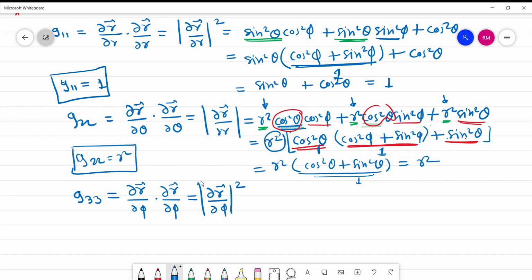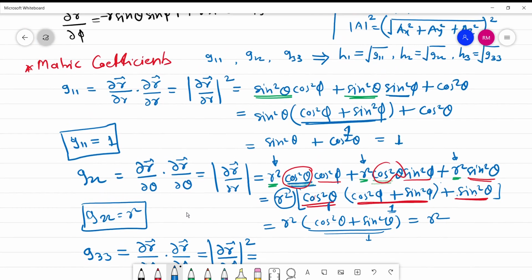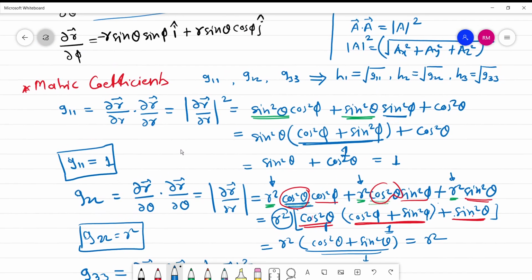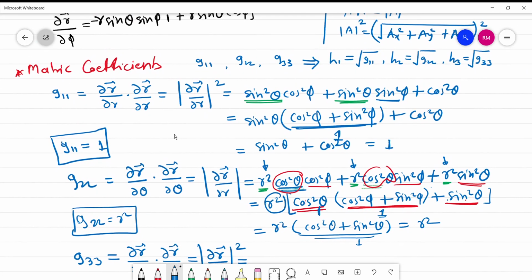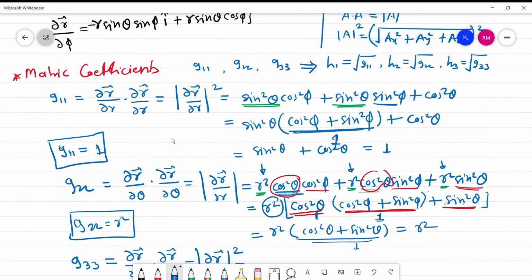So I can write it like this, and then I have to go for ∂R̄/∂φ. Here you have this term, and you have to square this term and this term.